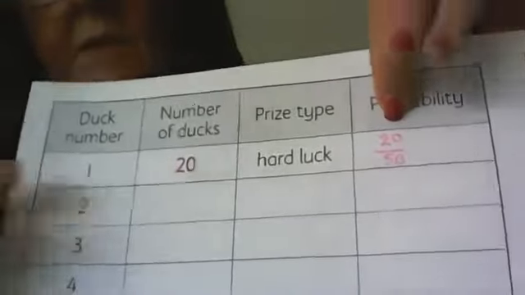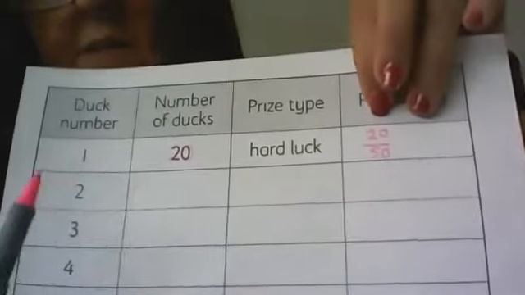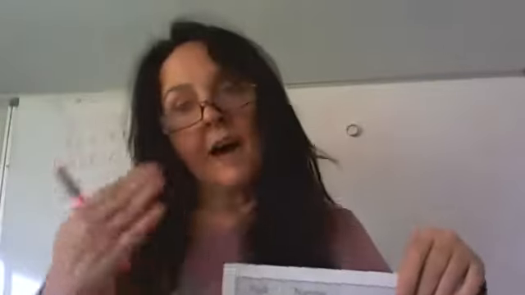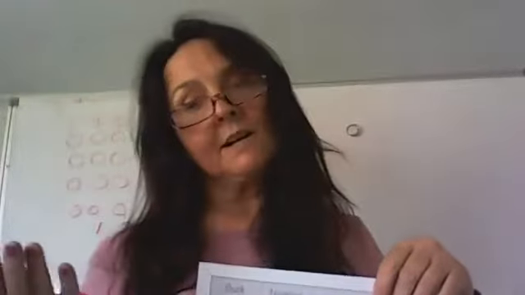If they get a number 1, there's 20 out of 50 times, 20 of those times they would get a 1. So if they were able to choose at random to pick one of these ducks, they're going to get a number 1 20 out of 50 times.